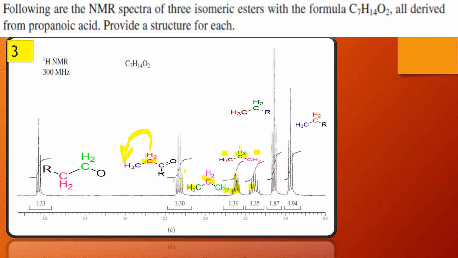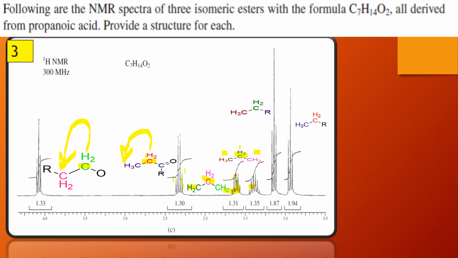So we have two things. Basically it is giving us a triplet due to this one, right? And in the previous slides I have discussed how we attach the carbonyl or oxygen, right?